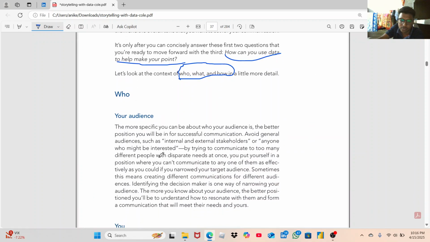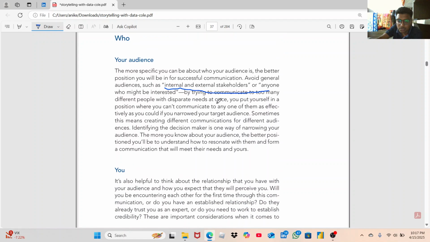According to who, your audience: the more specific you can be about who your audience is, the better position you will be in for successful communication. With a general audience such as internal and external stakeholders or anyone who might be interested, you try to communicate to too many different people with separate needs, and cannot communicate as effectively as you could if you narrow your target audience.